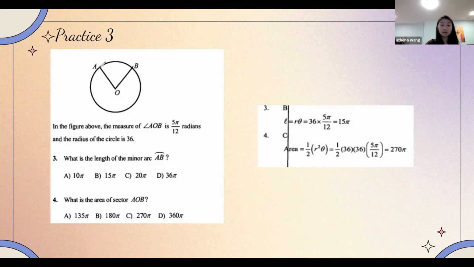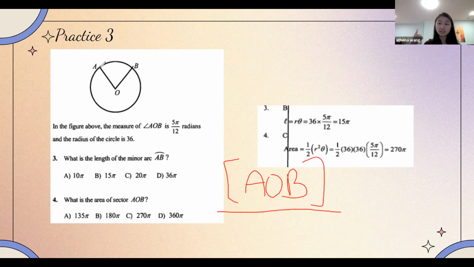Well, the area of our sector AOB over the area of our total circle, which is 36 squared times pi, is equal to our angle over the total angle.